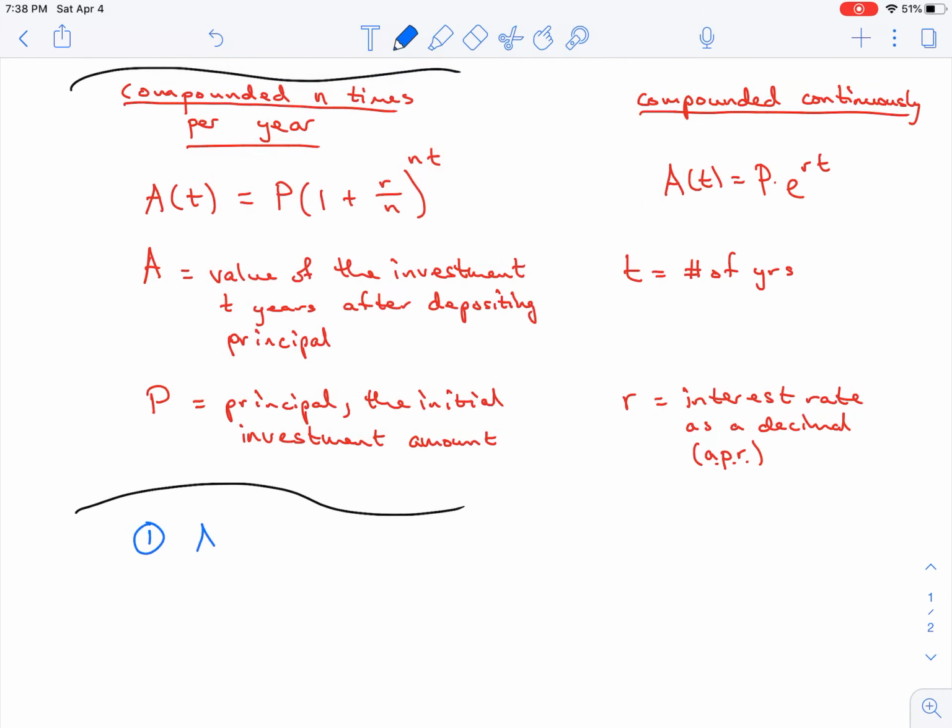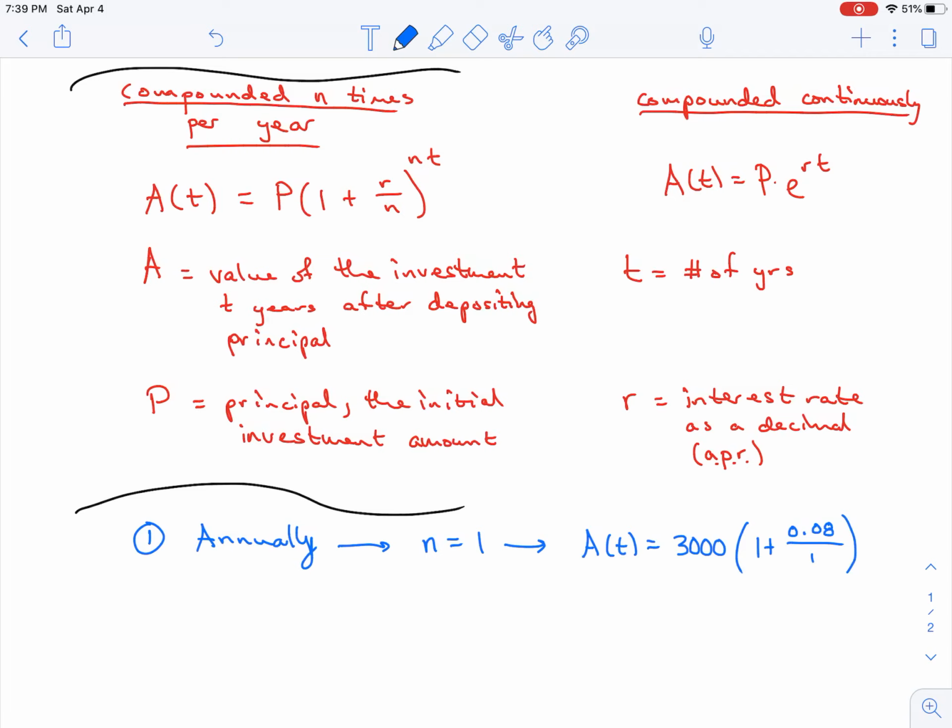Annually, this means that n is equal to 1. So we'll be using A of t is equal to P, which was the initial investment of $3,000, times the quantity 1 plus the rate, and the interest rate was 0.08, 8%.